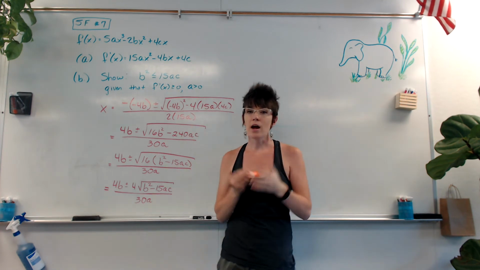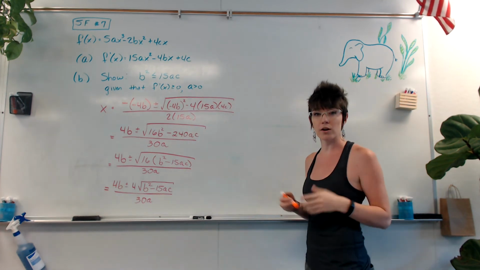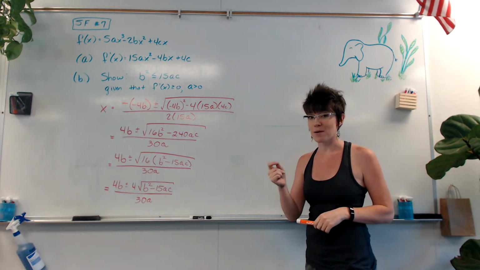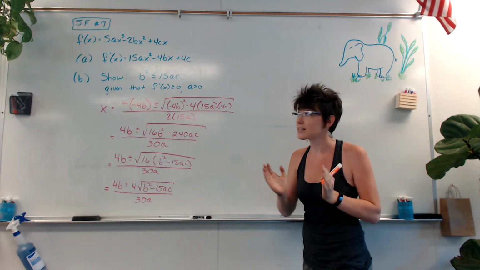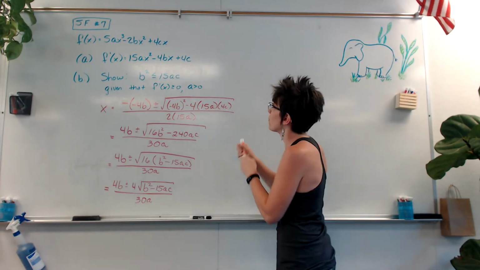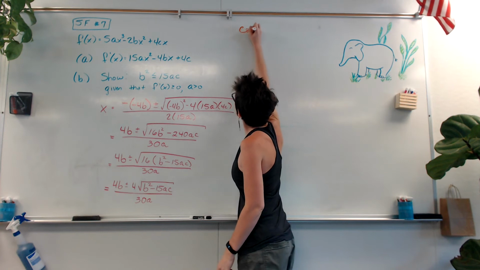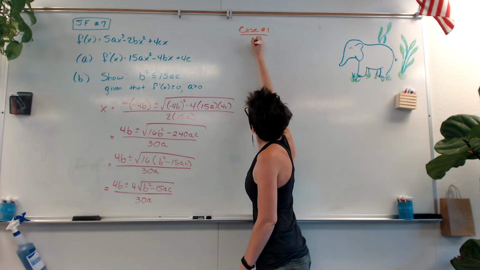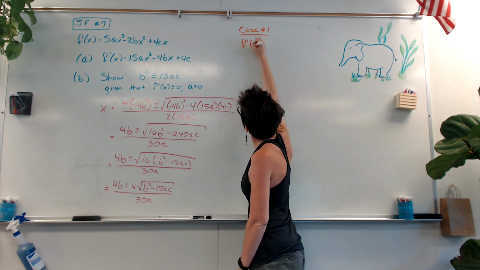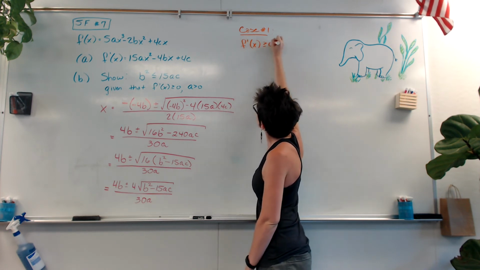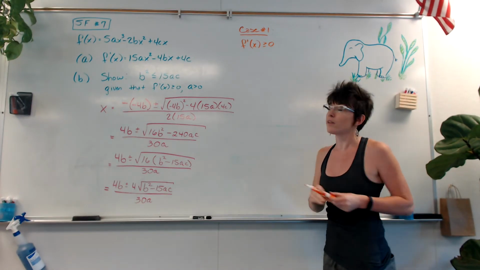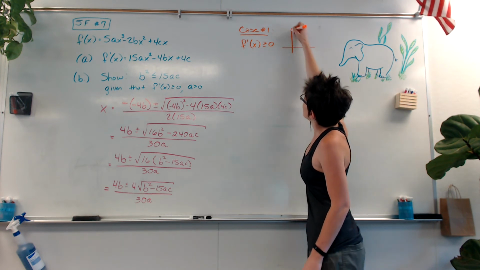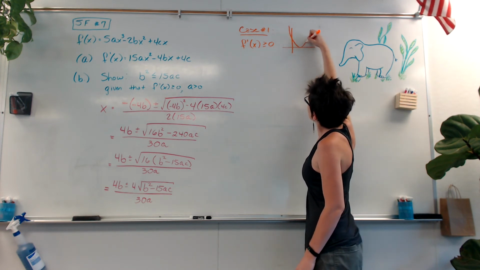Okay, so now I'm going to draw a couple of cases. What could our parabola look like? Remember, it's key that f prime is either always positive or equal to 0. So case number 1, if f prime of x is always greater than or equal to 0, then one of the possible options is that the parabola looks something like this.